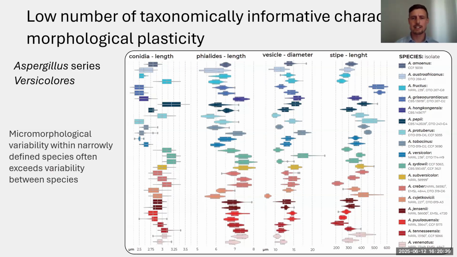And these differences often exceed the variability present in the whole series. So not only do we have a low number of taxonomically usable traits, but at the same time they are variable within the species.